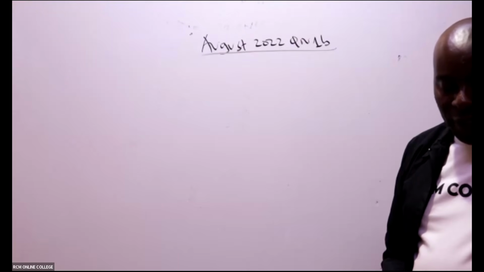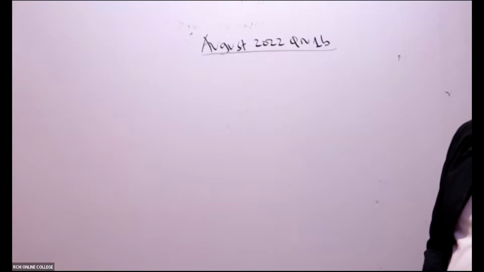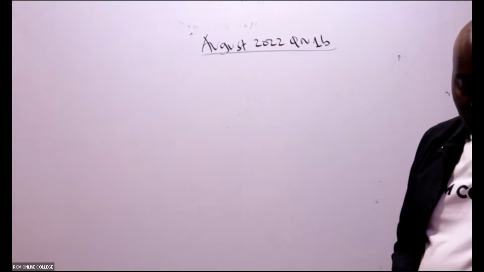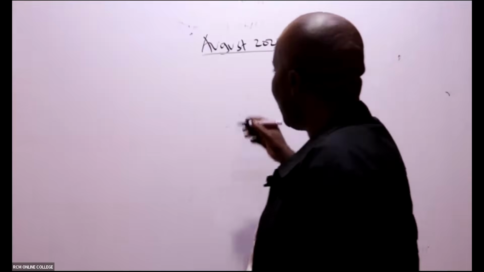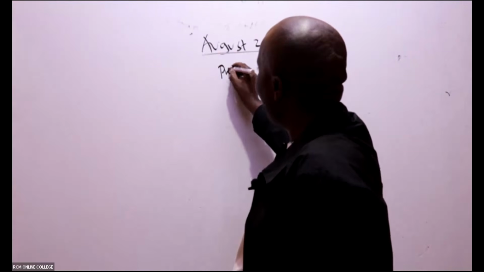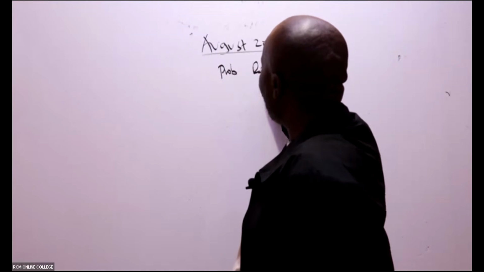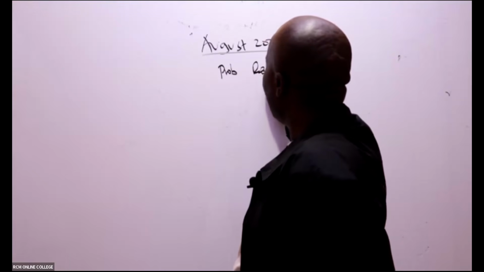The very first thing that I would want you to help me get is the expected return of Dela. Remember, they have given me probability, and then we have returns.